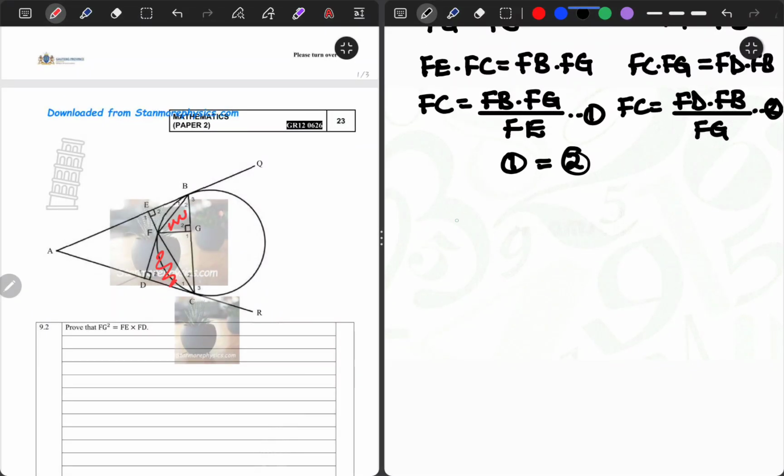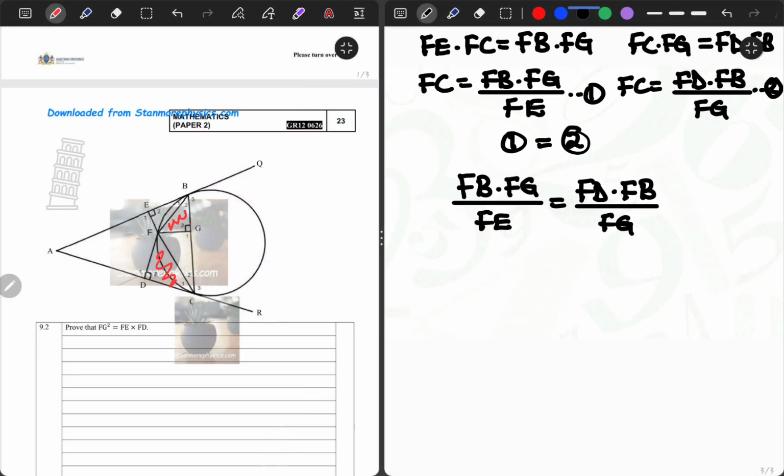So what I have is FB multiplied by FG all over FE equals to FD multiplied by FB over FG. I can cross multiply here.